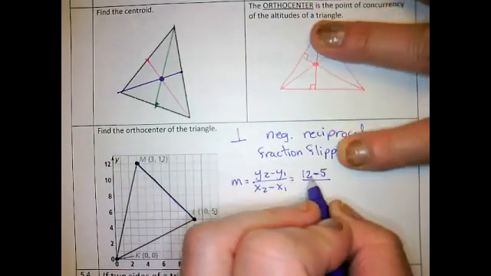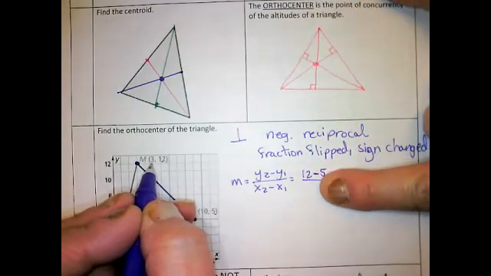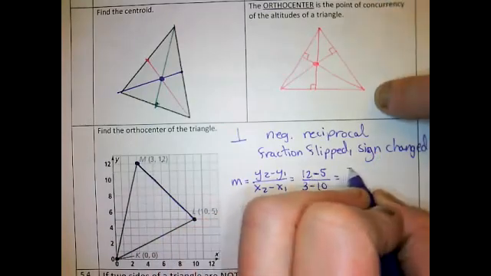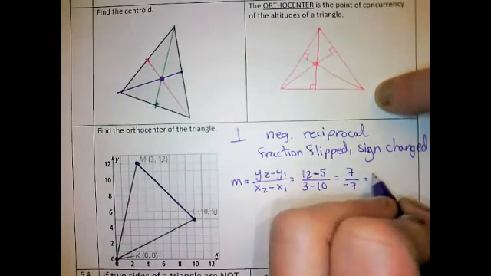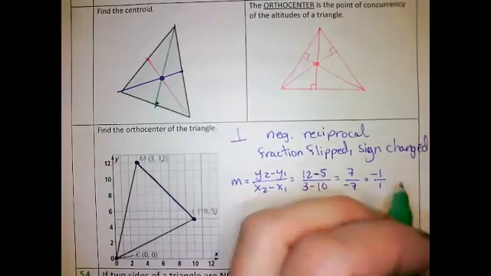And since I started with my point M up here, I need to start with my point M for my x's. So that's 3 minus 10. So 12 minus 5 is 7 over negative 7. So that's going to be negative 1 over 1. I just like to keep it as a fraction so that when I flip it, I remember what it becomes.